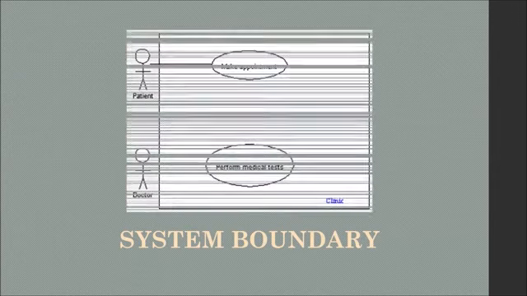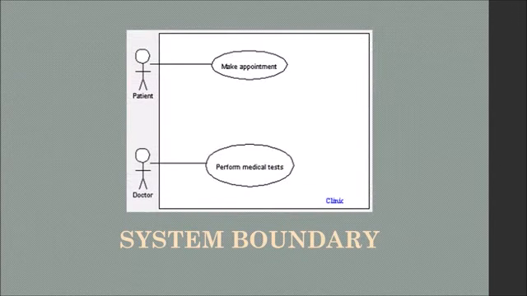So also, the use case comprises the functions of a certain object. Next, system boundary. It shows the range of what a system will be because the system does not function infinitely. That is why the system's limit needs to be defined. This is illustrated as a rectangle covering all the use cases in the system. Next, include.